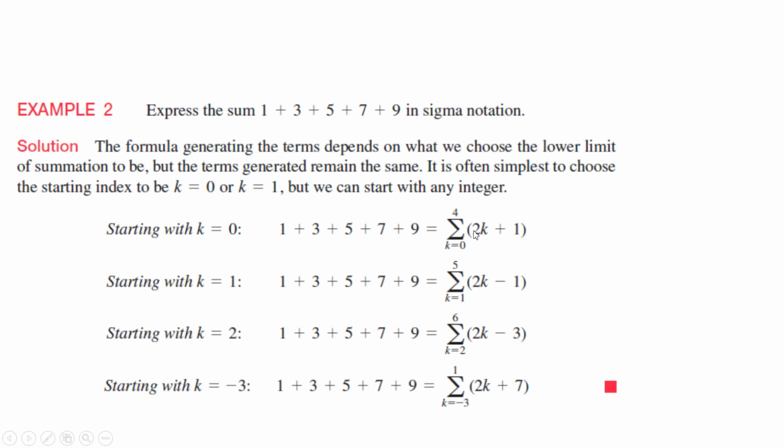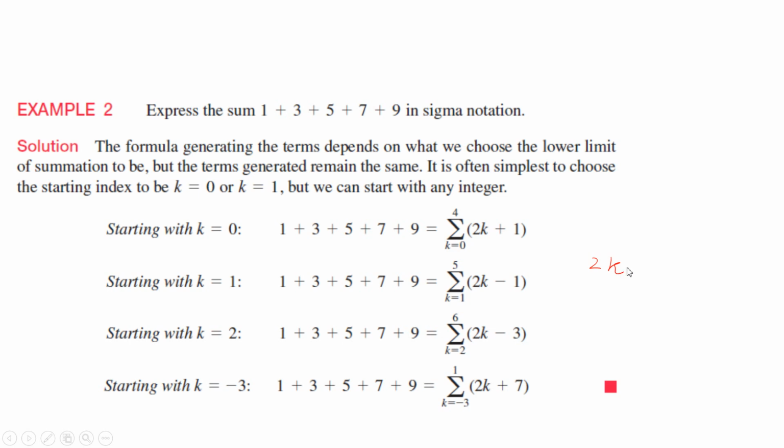Okay, so let's see. If we start with k is equal to 0, then what will be the kth term for this sum? If we start with k is equal to 0, now keep it in mind that the kth term will start with 2k, because 2k is an even integer, right? Whenever k is an integer, 2k is always even.